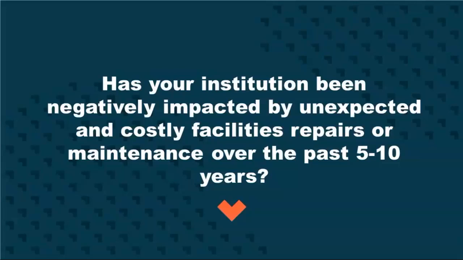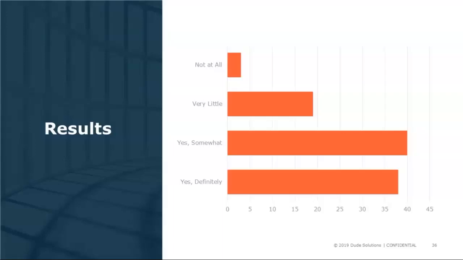The next question asked was, has your institution been negatively impacted by unexpected and costly repairs? So unforeseen costs, not just expected daily maintenance. And we've definitely seen across the participants that it was. That unexpected cost can derail a plan.